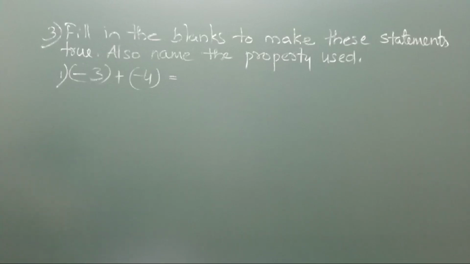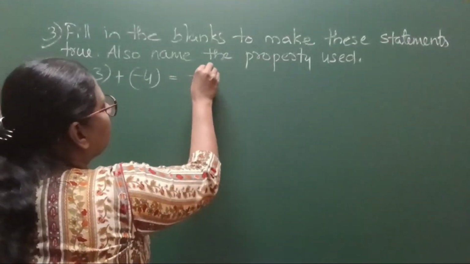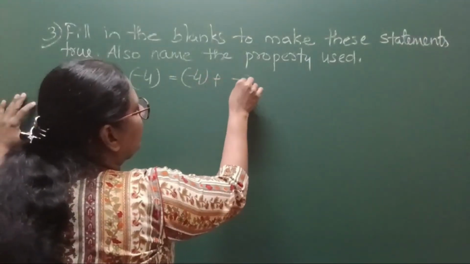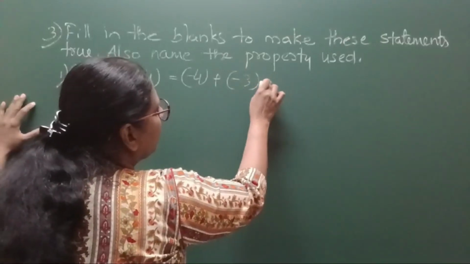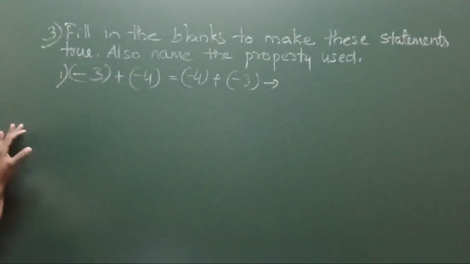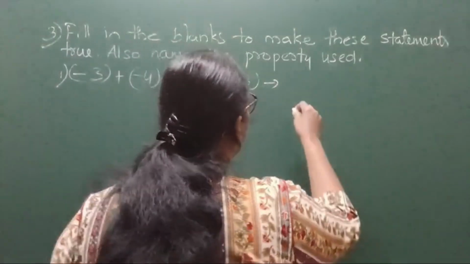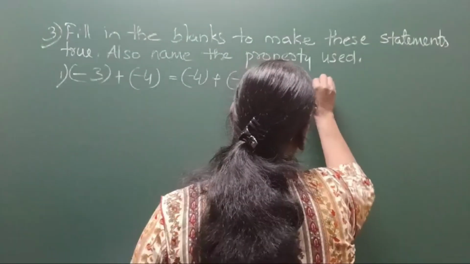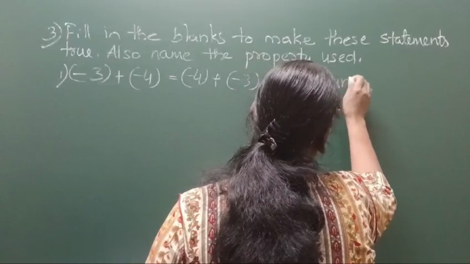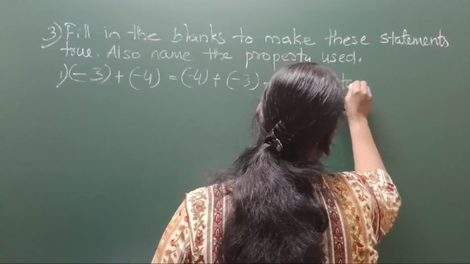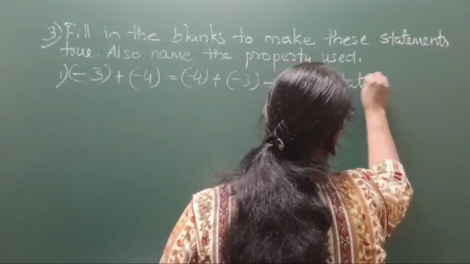Since we learned those properties, we know that minus 3 plus minus 4 is equal to minus 4 plus minus 3. This is which property? This is commutative property. So we'll write here commutative property.